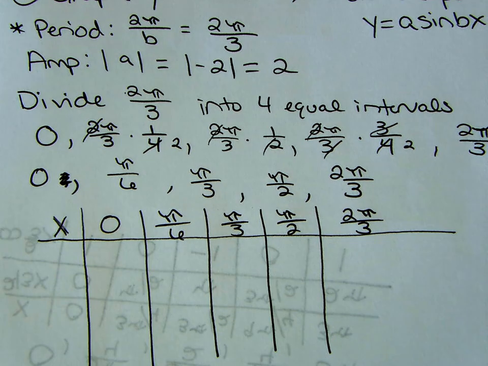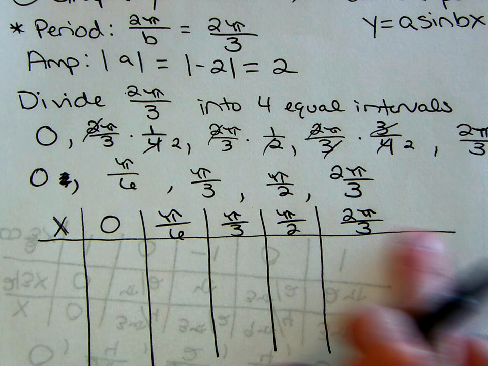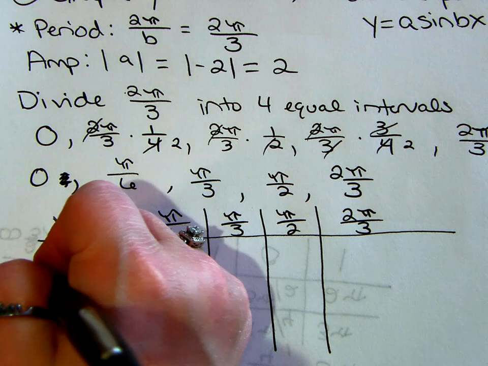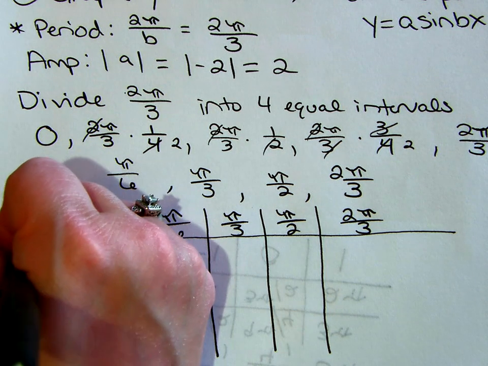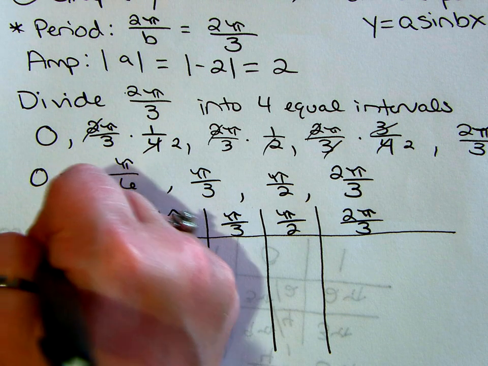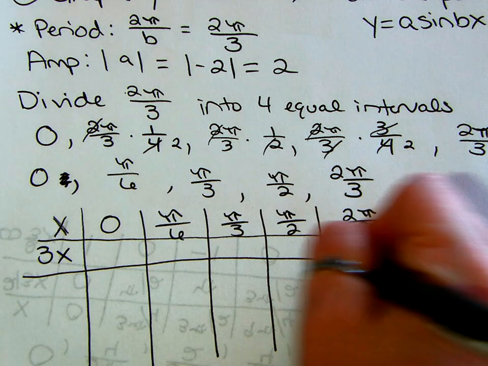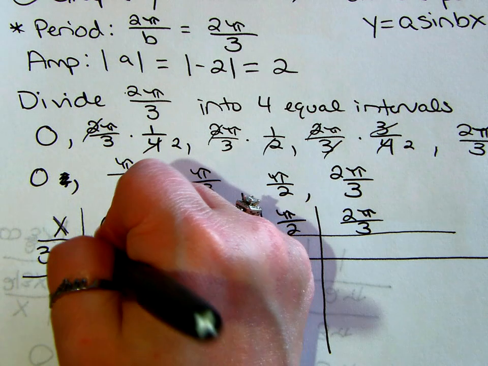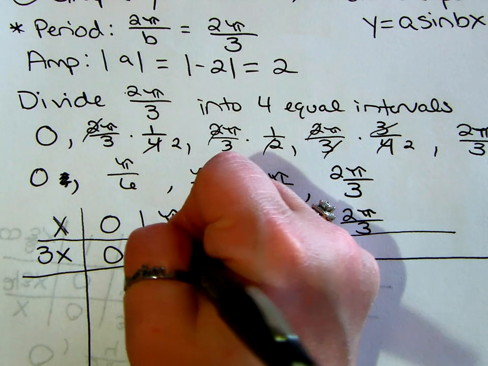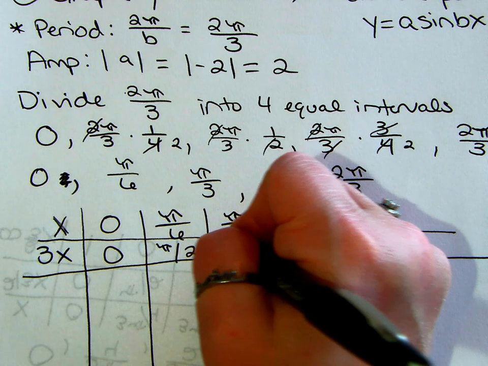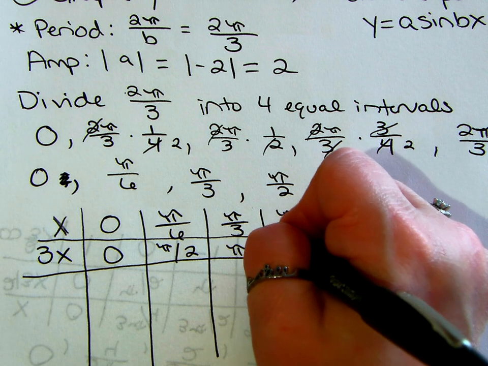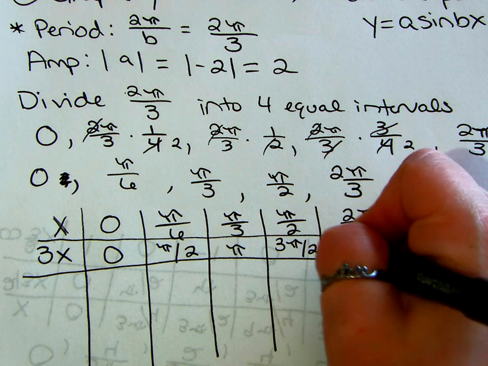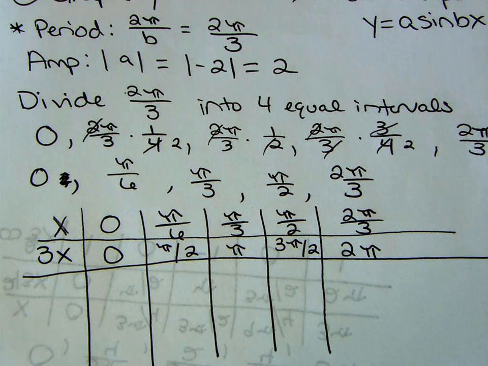First row of my table, though, is going to be just what my intervals are going to be. The second row, I'm going to do the 3x, because that's what's inside my function. So 3 times 0 is 0, and that'll give me pi over 2, and pi, 3 pi over 2, and 2 pi. I multiplied everything in my top row by 3. That's all I did.